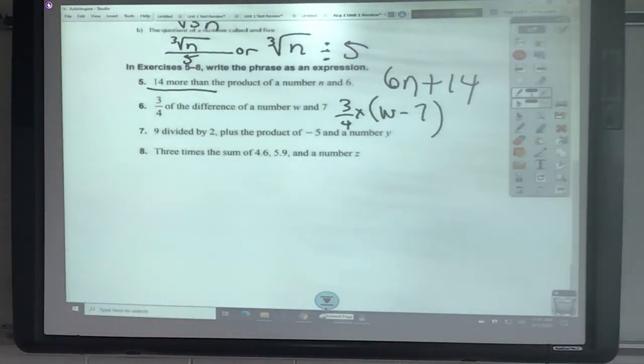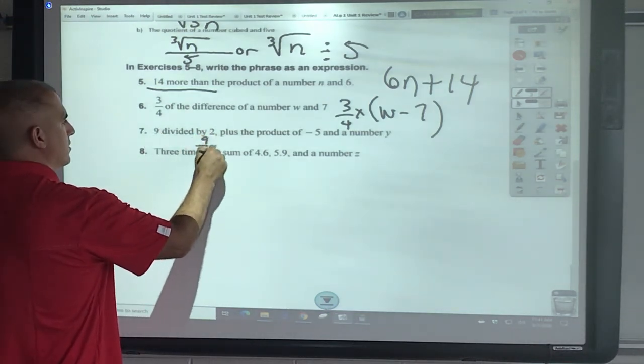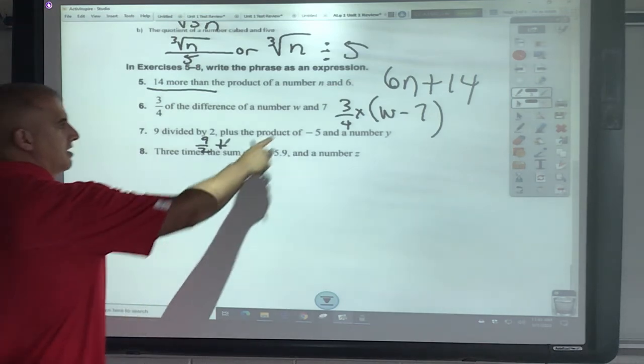9 divided by 2 plus the product of -5 and a number y.